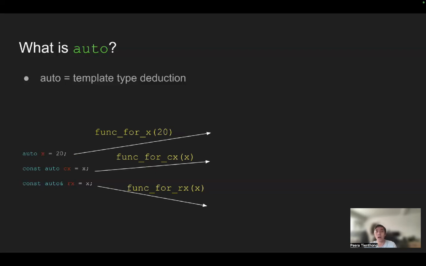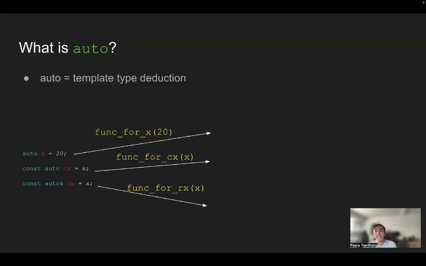The arguments on the right side of the equal sign are taken as parameters to this function. As you can see, 20 is taken into the function for x, x is taken into the function for cx, and x is taken into the function for rx.